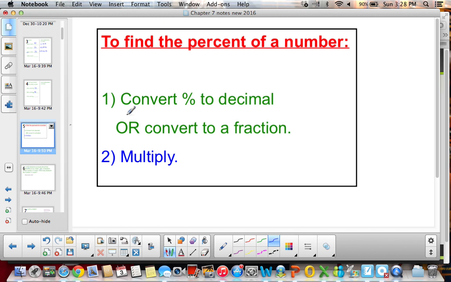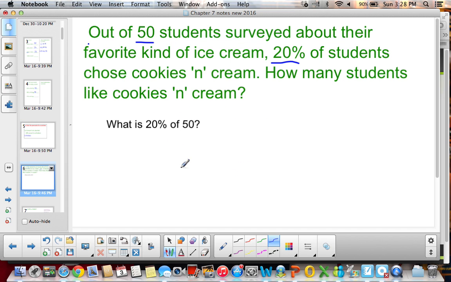So back to our slide, convert the percent to a decimal or to a fraction and then multiply. So we're going to do it both ways. We're going to first convert this to a decimal. So we can move our decimal over to the left 2, so we have 0.20 times 50, and we are going to either multiply that on paper or we can put that directly into our calculator just like that.